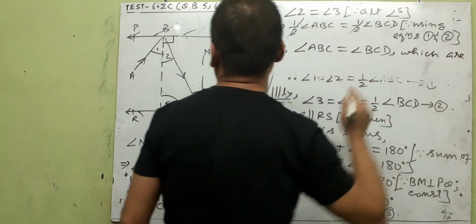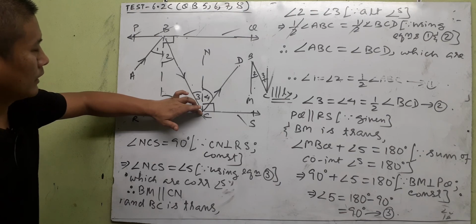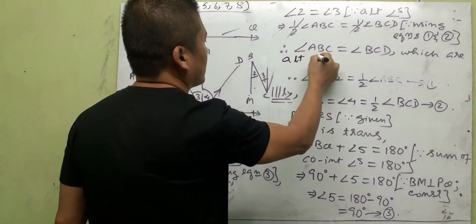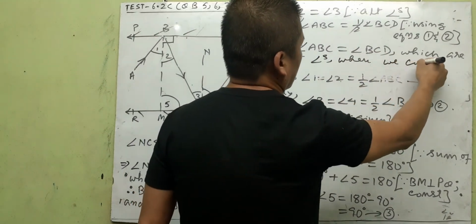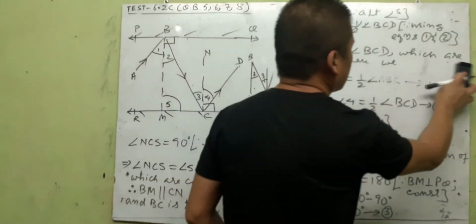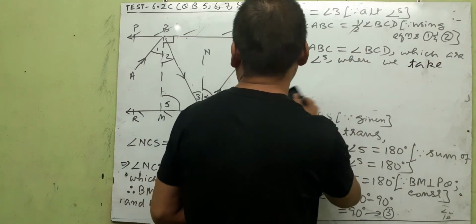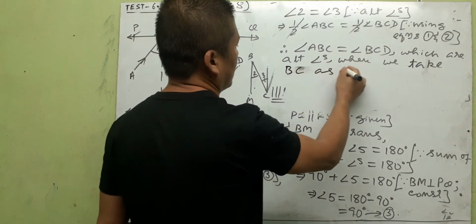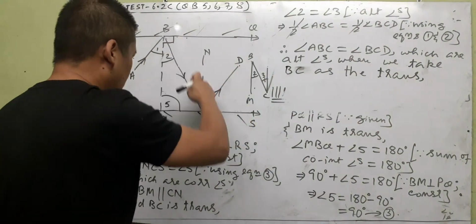ABC and BCD are nothing but alternate angles when we take the line BC as the transversal.